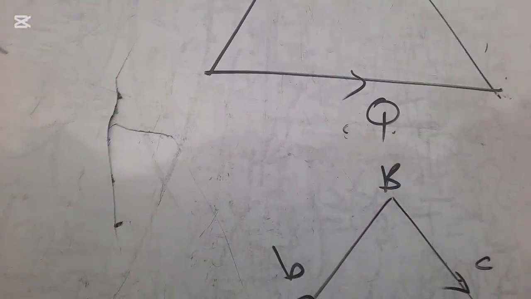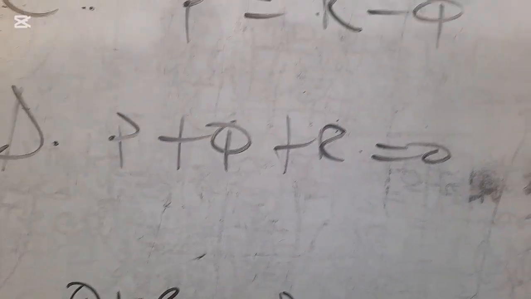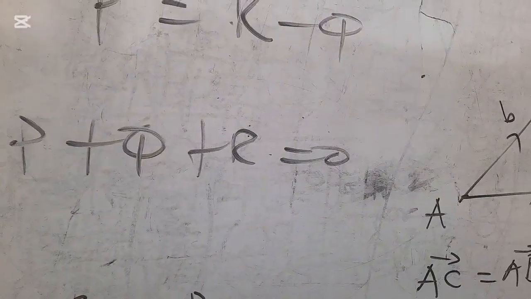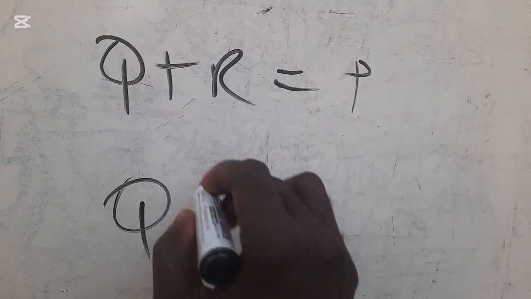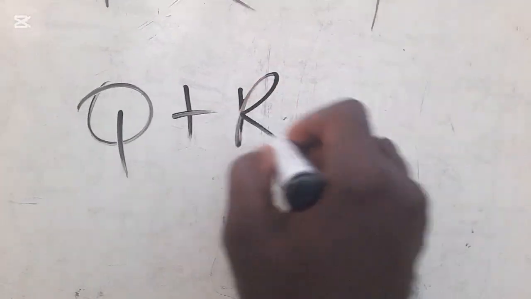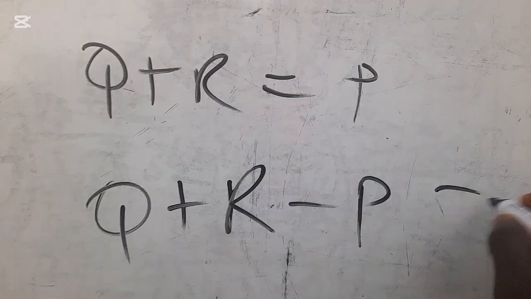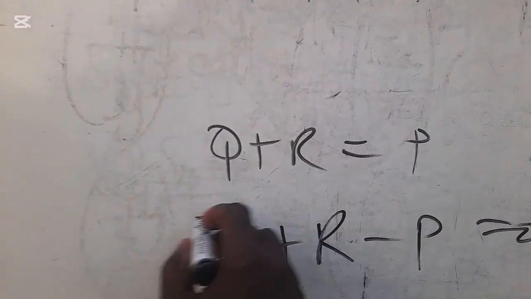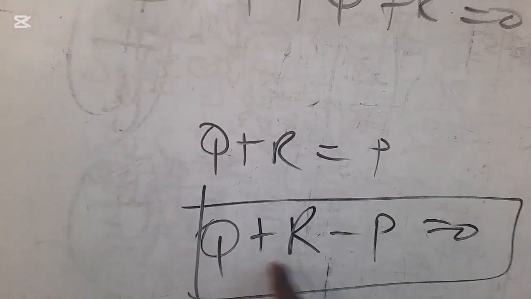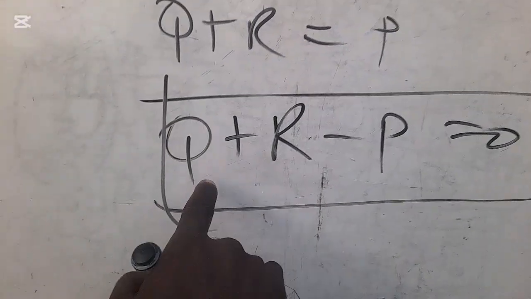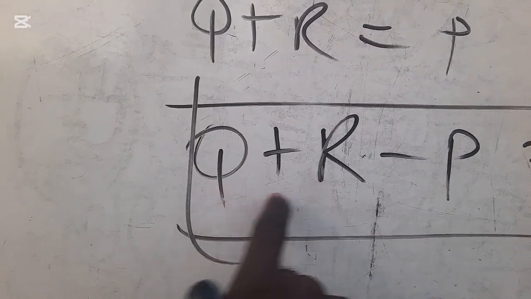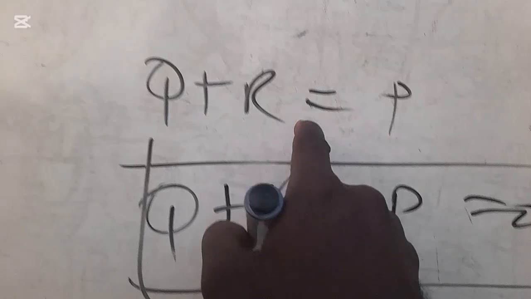P is facing R, so we have to subtract them. So we can now have Q plus R minus P is equal to 0. So this is an option. If this is not there, then this one is an option: vector Q plus R minus P is equal to 0.